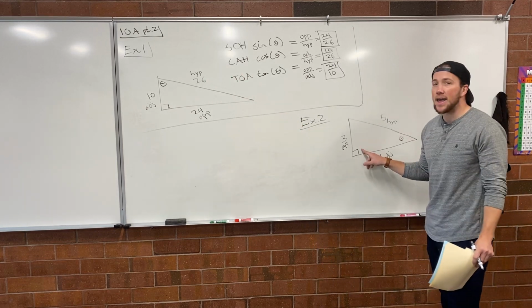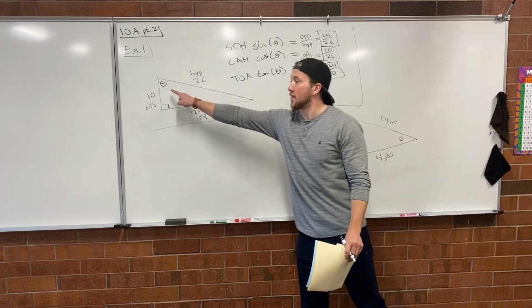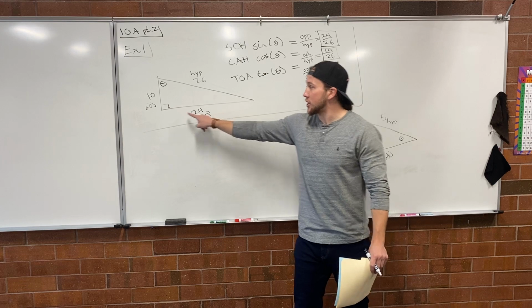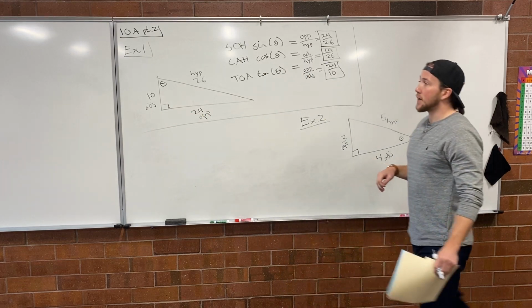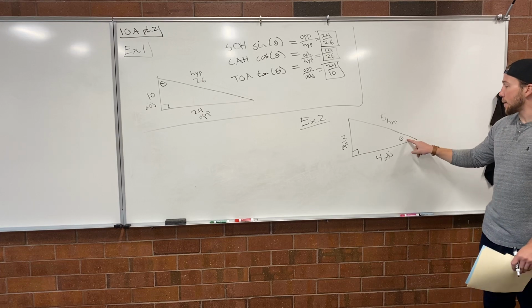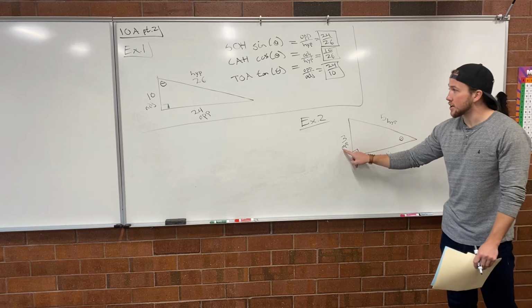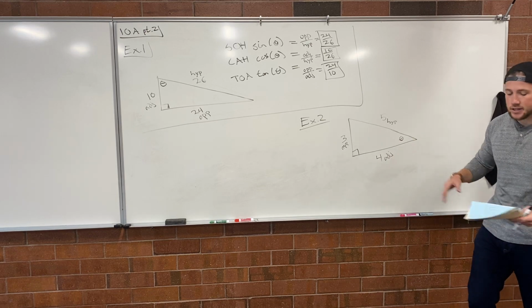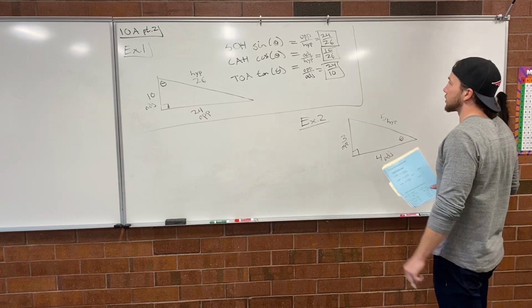It's across from the right angle. But because we switched where theta is, in the first example it was up here, so opposite was here and adjacent was here. Now we moved theta to this corner in example 2. So now opposite is going to be this one, and adjacent is going to be this one. That's really the only key difference with visualizing this question.